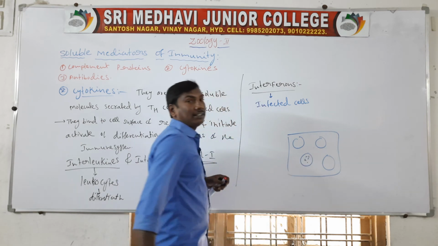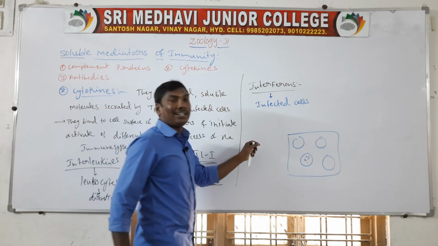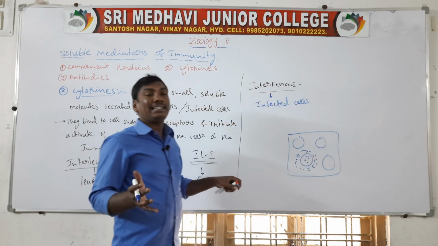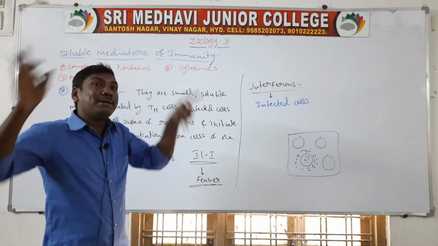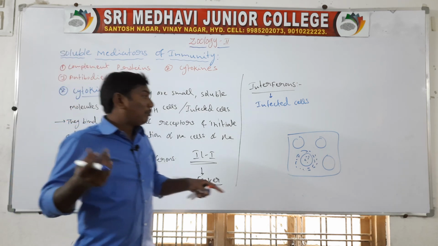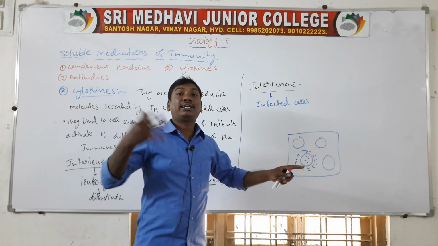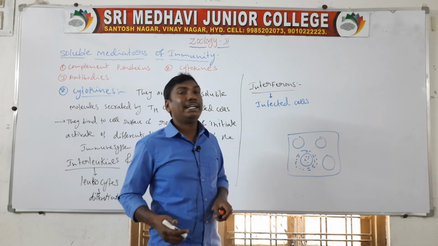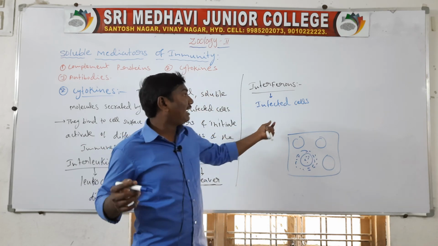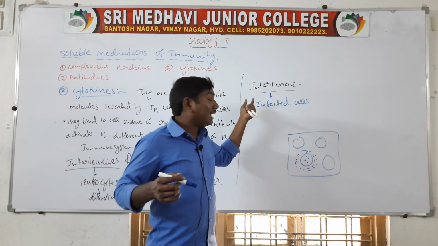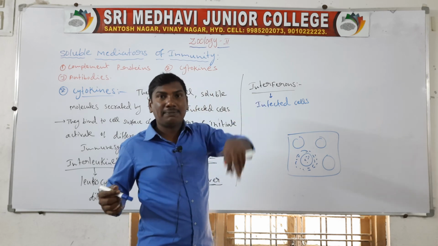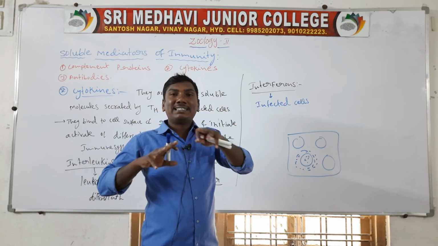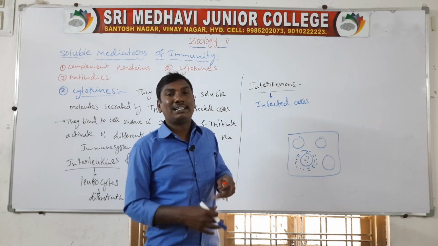This cell releases interferons, which protect the neighbor cells, meaning the surrounding cells are protected. The function of interferons is to prevent the collapse of the surrounding neighbor cells.